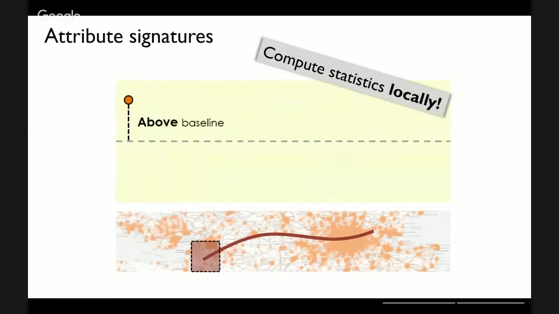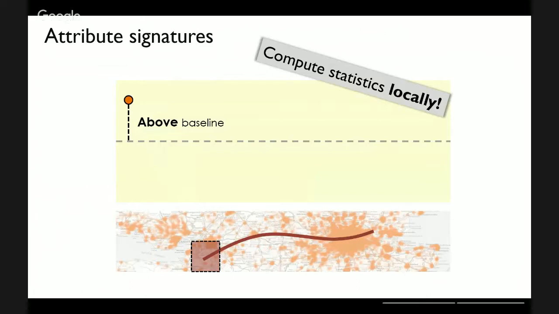So once this axis of variation is defined interactively, we trigger some computations in the background. We run a sort of local statistics kernel that computes the statistics for the unemployment rate for this first box of selection.